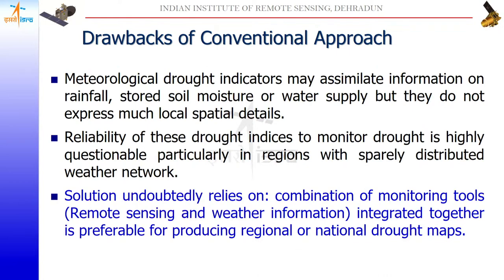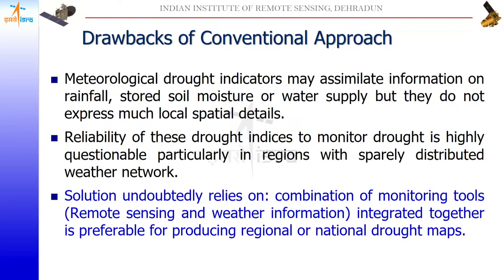Now come to the drawbacks of the conventional approach. Although they use significant quality information from ground observation data sets, these come from a sparsely distributed weather network and are point-scale observations, and sometimes the location has a very sparse, scattered weather network.